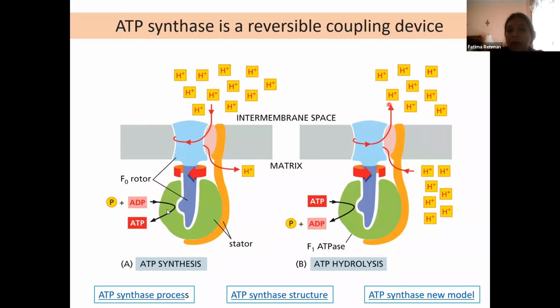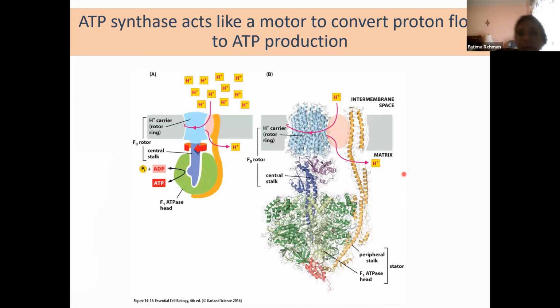So it can work in both capacities depending on the needs of the cell. It is essentially like a motor, right? It's a rotor motor. The top part, the part that is actually embedded into the membrane, is essentially a rotor ring.